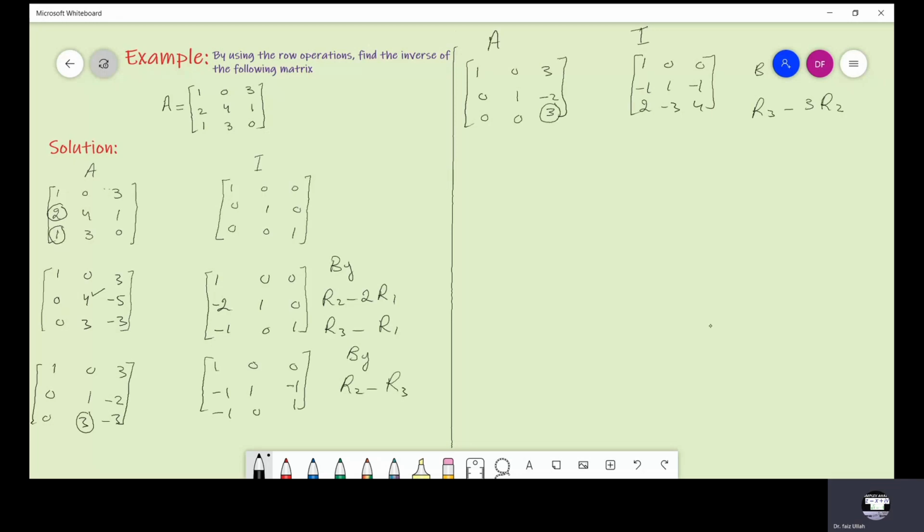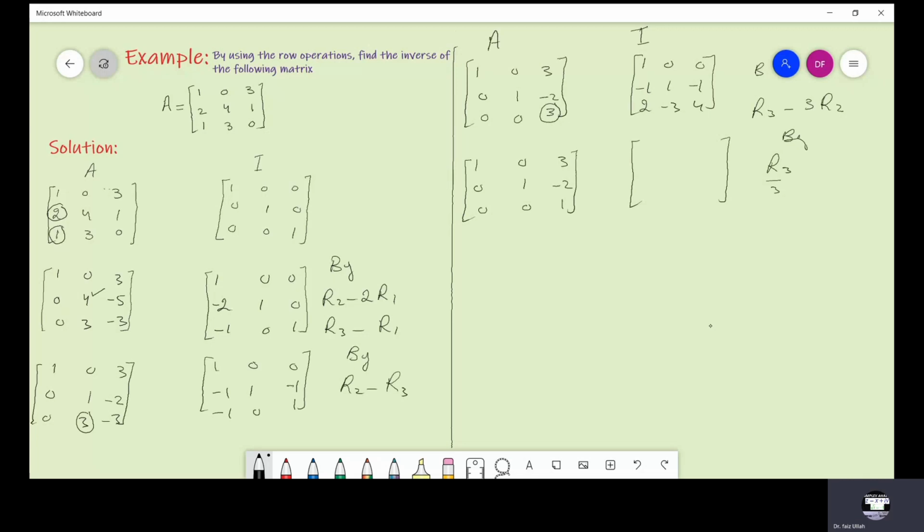Now, in the next step, we need that this 3 should be equal to 1. So let us divide row 3 by 3. So we get 1 0 3, 0 1 minus 2, 0 0 1.